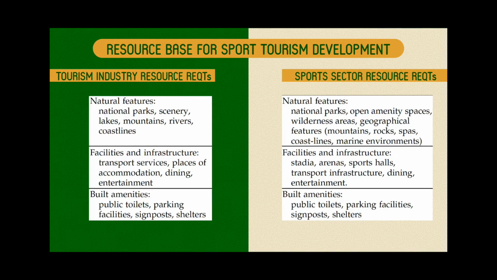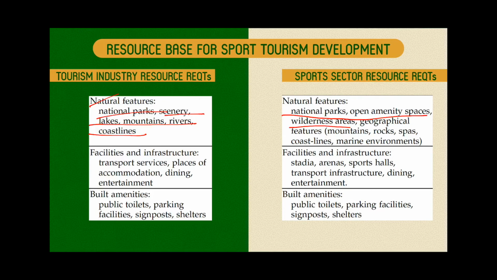So for natural features in tourism industry resource requirements, we have national parks, scenery, of course, lakes, mountains, rivers, coastlines, which are of course very specific to cultural and leisure tourism. And of course, for the sports sector, we have the same thing. We also have national parks, open amenity spaces, of course, where we can do transportable sports.